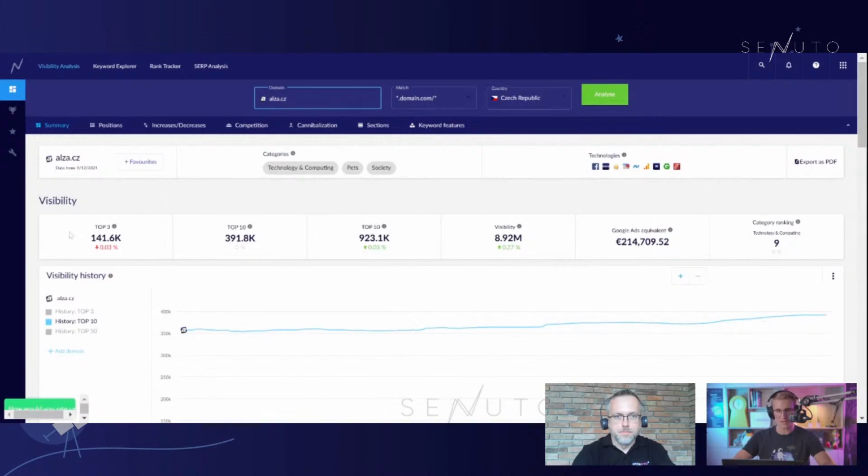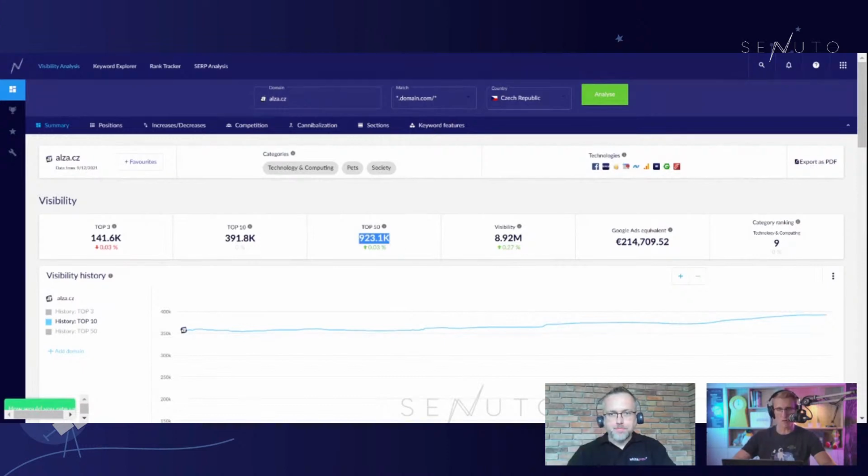For example, for Alza, in the top 3 positions, it is about 140,000. Of course, this is a big e-commerce website, so this could be a huge number. Another thing is the middle stage, top 10 and top 50. You see here it's around 400,000 and 900,000, so it's quite a lot.